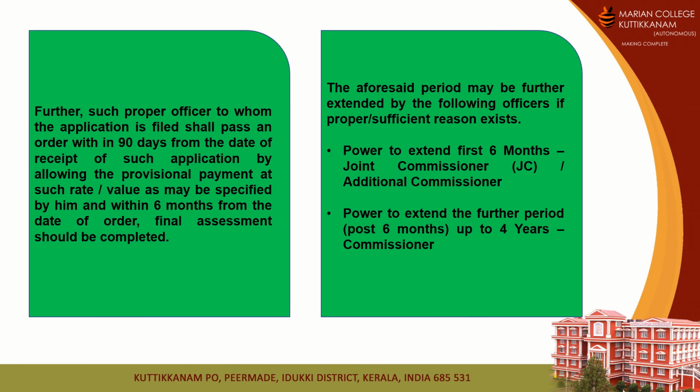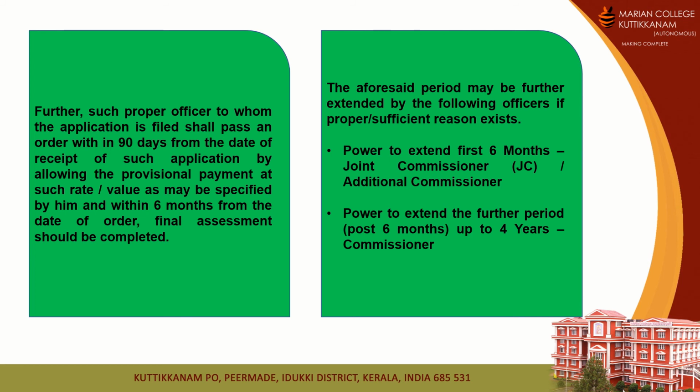Then, after this particular step, the proper officer to whom the application is filed shall pass an order within 90 days from the date of receipt of such application, allowing the provisional payment at such rate or value as may be specified by him, and within 6 months from the date of the order, final assessment should be completed.